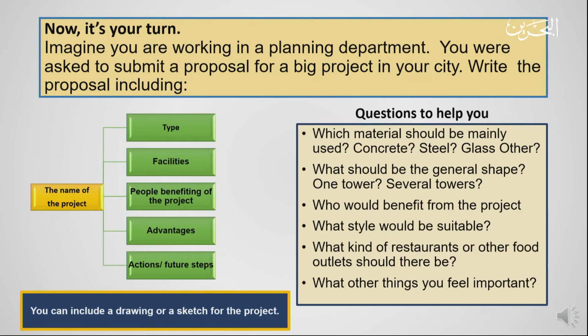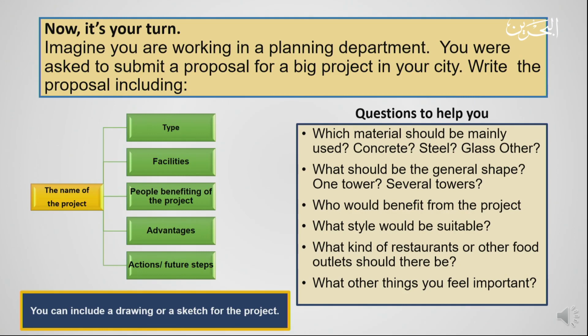Now it's your turn. Imagine you are working in a planning department. You were asked to submit a proposal for a big project in your city. Write a proposal including the name of the project. The project can be related to your school, to your work, to your training, or any type of project.